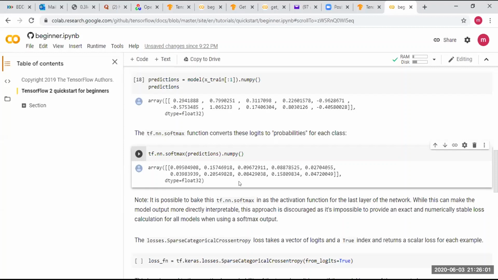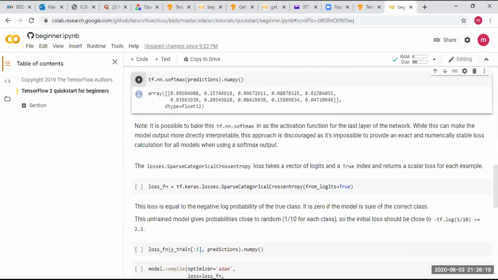It gave a probability that this could be digit 0, 1, 2, 3, 4, 5, 6. Maybe it's 6 because it gave 20%, but I cannot be sure that it's digit 6 because it could also be any of the other digits. So practically it doesn't know anything, just like a baby when you first give it information.